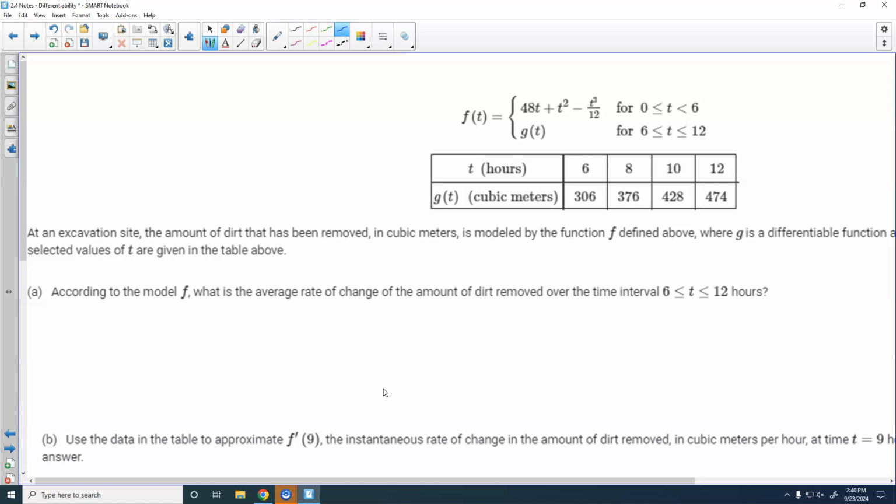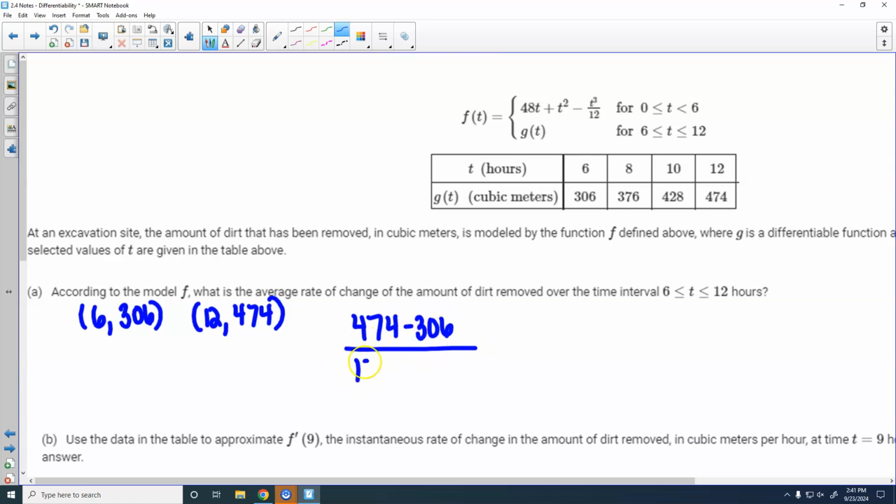So if I want the average rate of change from 6 to 12 hours, what am I looking for? Just the slope between those 2 points. So we would use the points (6, 306) and (12, 474), and we'll just do the slope formula. So we'll have 474 minus 306 over 12 minus 6.